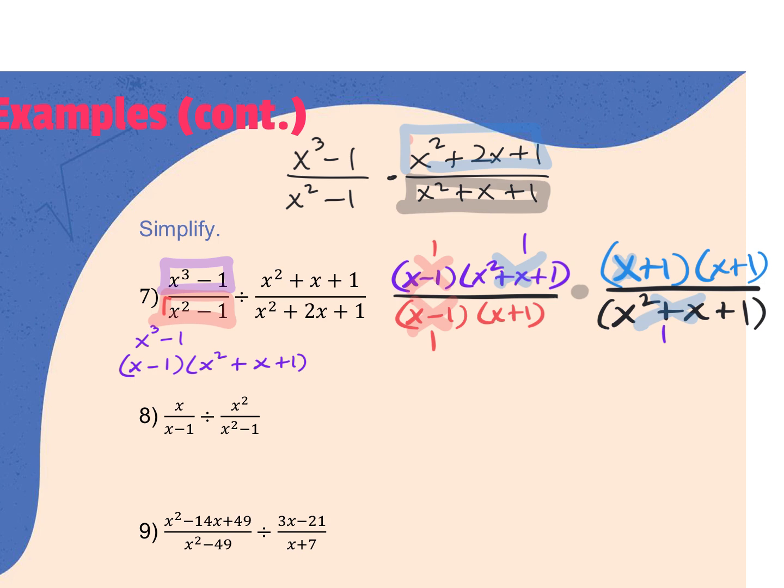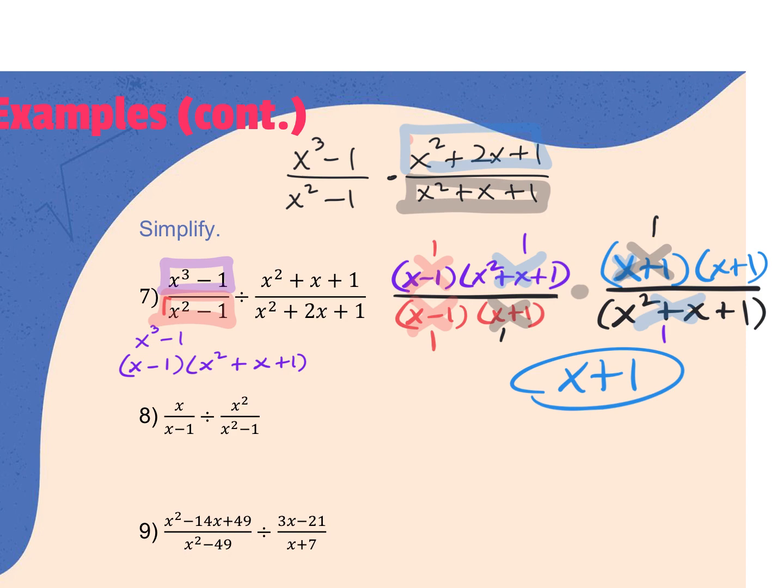And then I also can get rid of the x plus 1 in the numerator and in the denominator. So this one and this one also become 1s. And now what remains is just that blue x plus 1 from the numerator.